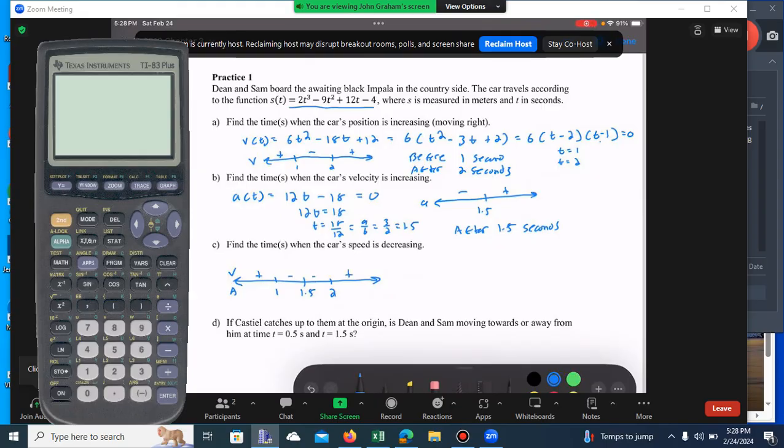Acceleration is positive after 1.5, negative before that. Again, decreasing is whenever they are opposite. So it's decreasing before 1 second and between 1.5 and 2 seconds.